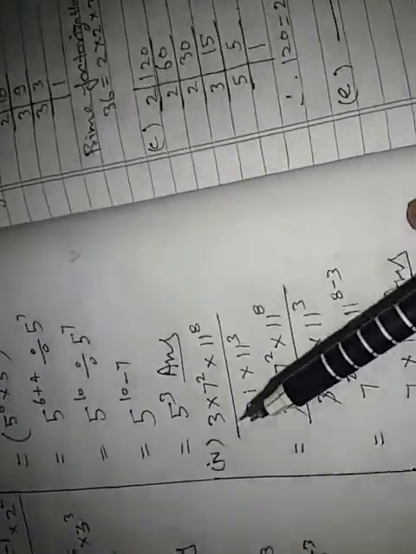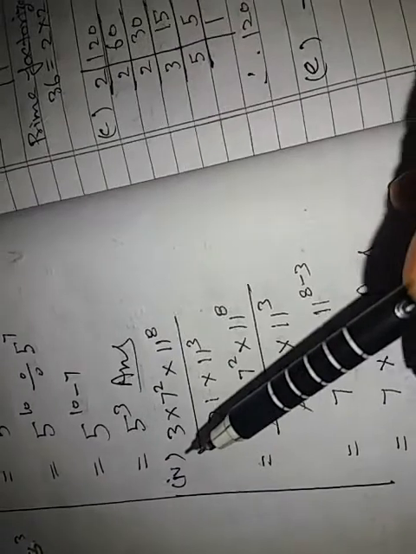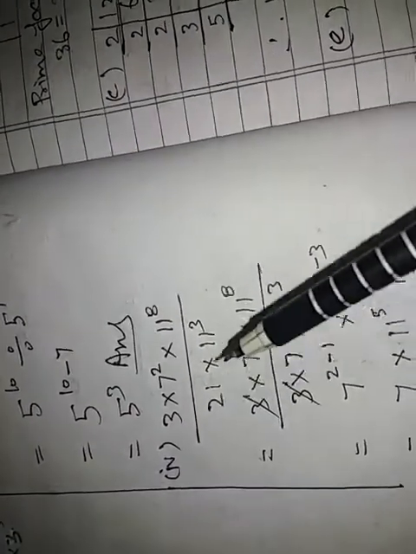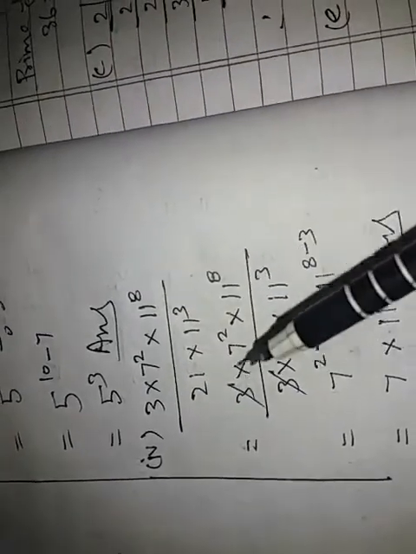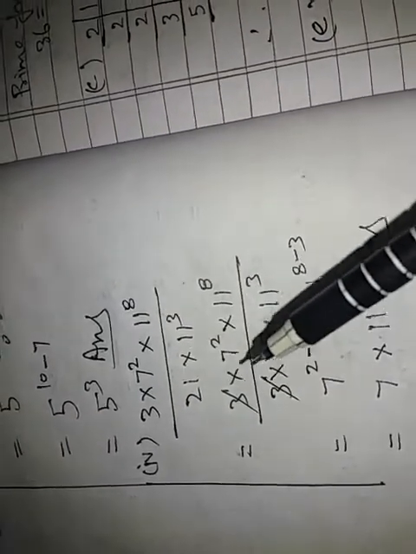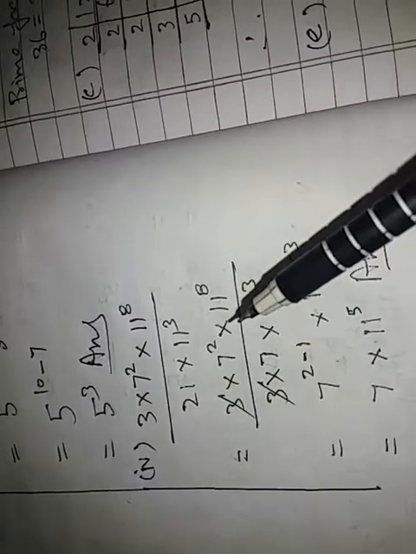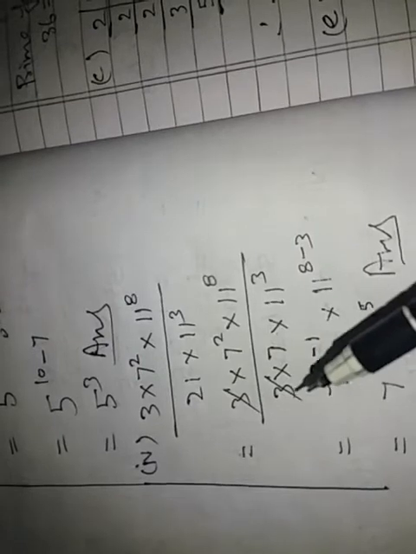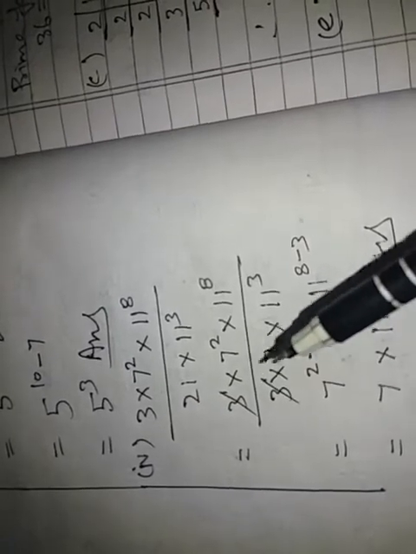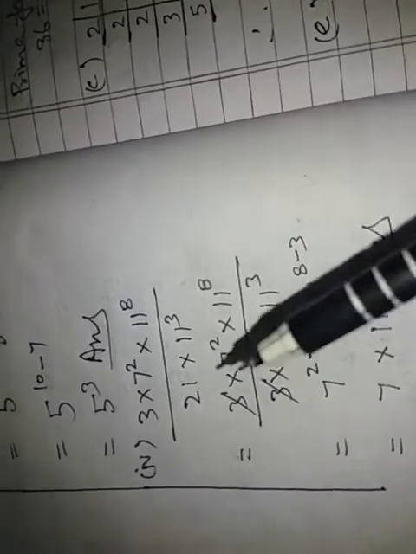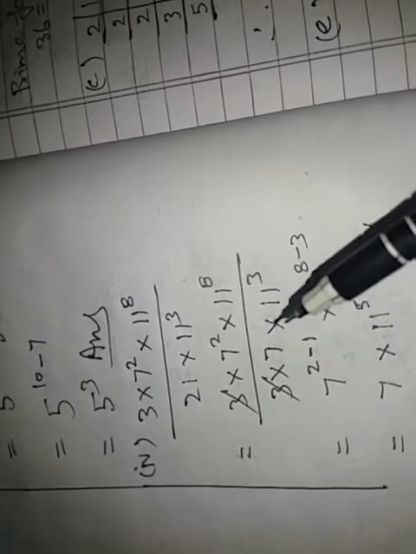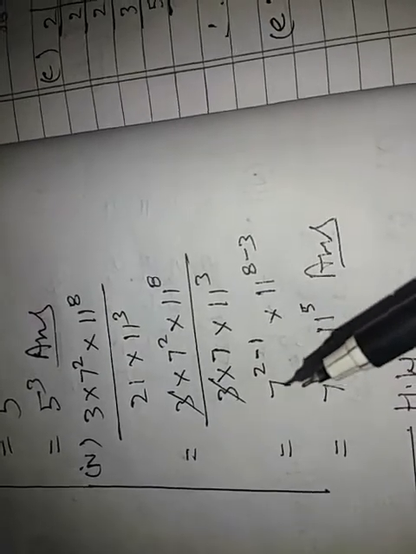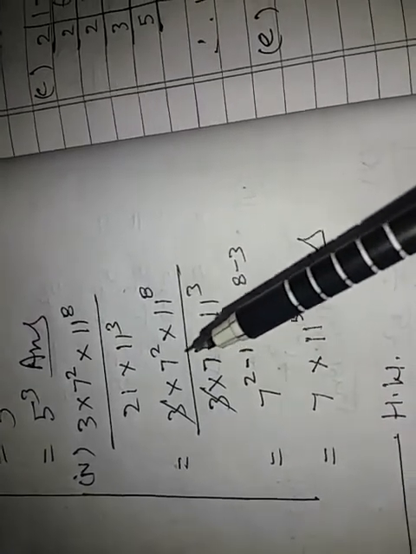Next, part 4 of question number 2. 3 into 7 to the power 2 into 11 to the power 8 upon 21 into 11 to the power 3, which is equal to 3 into 7 to the power 2 into 11 to the power 8 upon, we can write 21 as 3 into 7. Okay, 3 and 7 are the factors of 21. So we can write here 3 into 7 into 11 to the power 3. 3 and 3 cancel, which gives 7 to the power 2 minus 1.